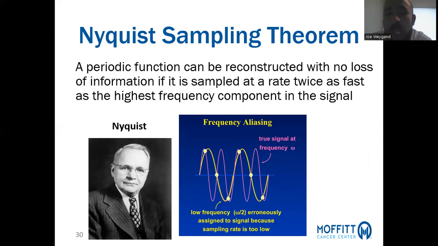The first time I came across the Nyquist sampling theorem, I didn't really understand what that means, but it can be understood if you refer to this figure here with those two sine waves, the one in pink and the one in yellow, right? The one in pink is the actual sine wave that we're trying to recapitulate, right? But we're sampling not continuously, but in a discrete manner.